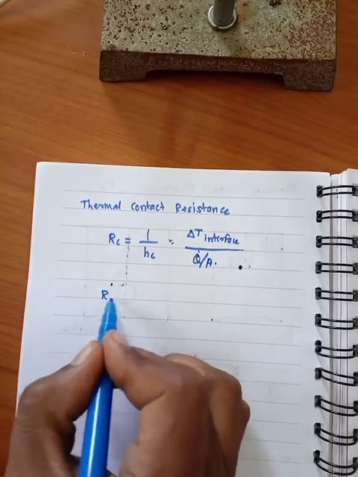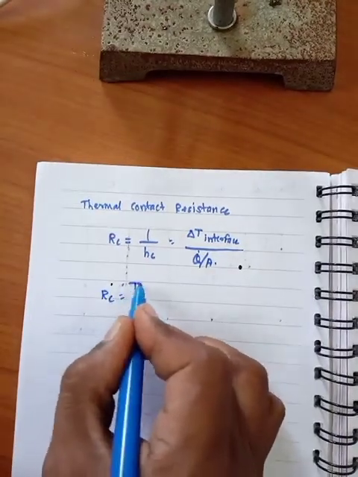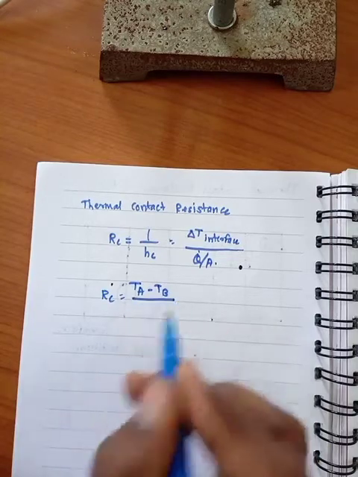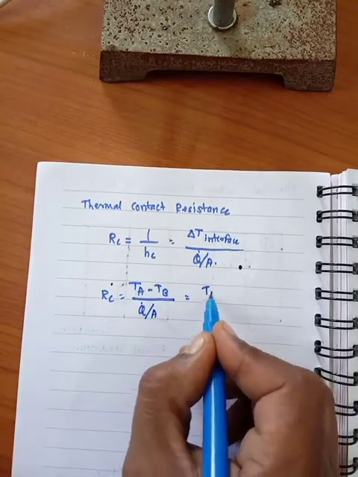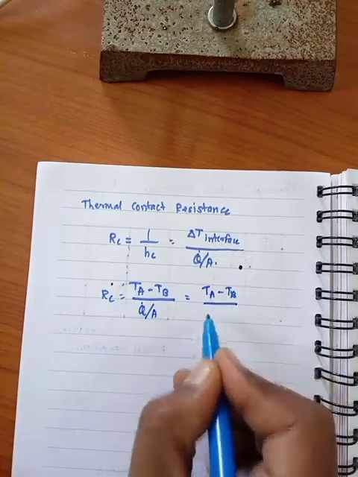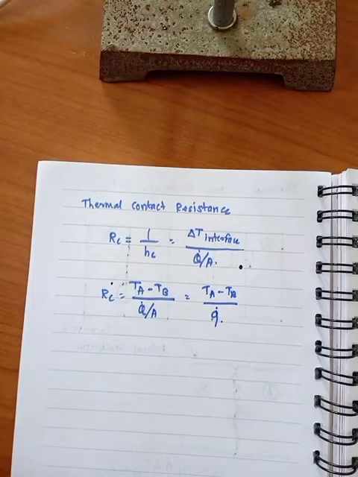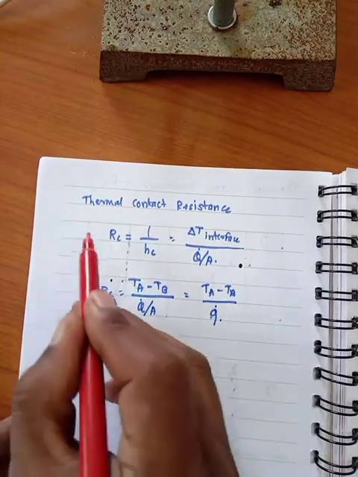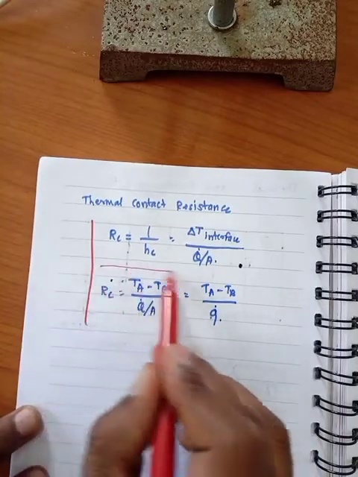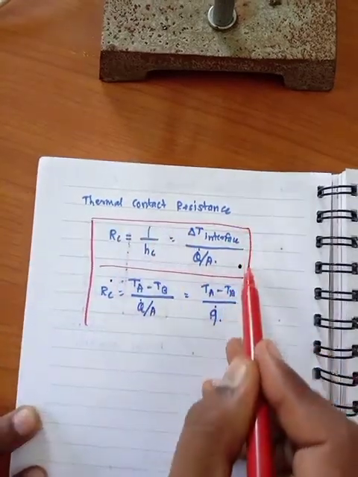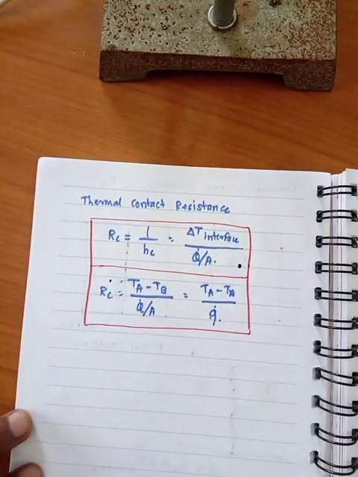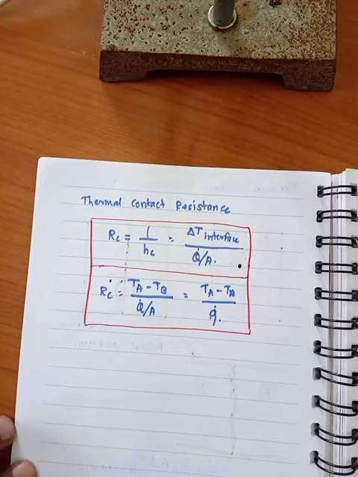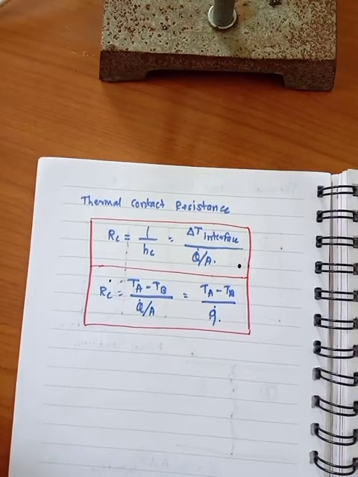Okay, so we can see Rc is equal to Ta minus Tb divided by Q, or we can again write it as Ta minus Tb divided by heat flux. Okay, so this is the formula available for the thermal contact resistance. If the surface roughness of the two different materials in the wall is much higher, then thermal contact resistance comes into the picture. Thank you.